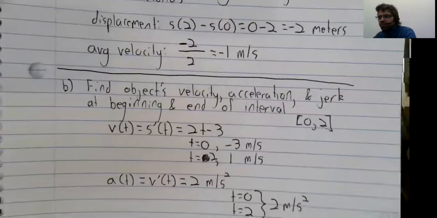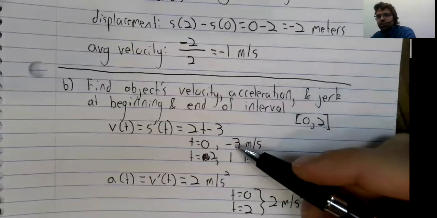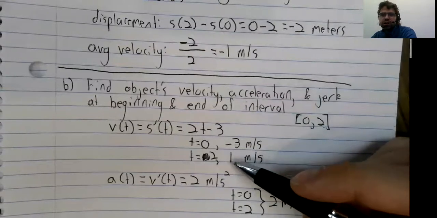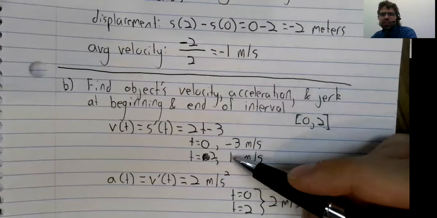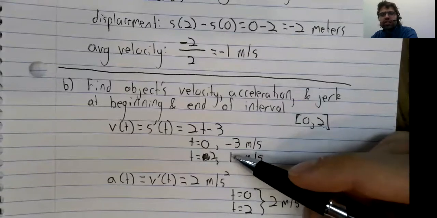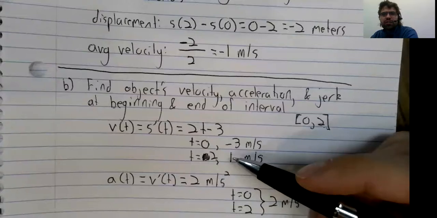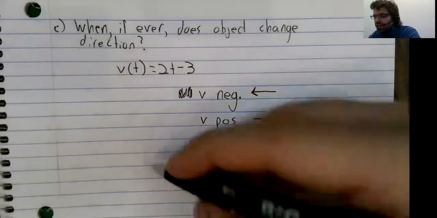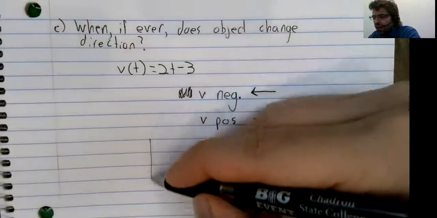So if the velocity changes sign, it must also change direction. And when does it change direction? Well, at the moment that it changes sign. So when does the velocity change its sign?